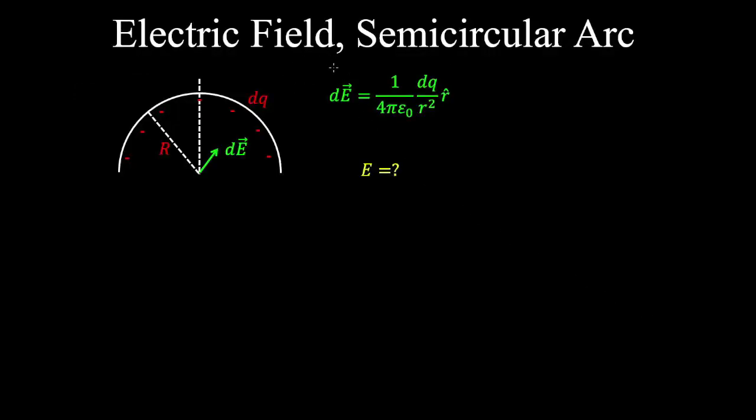We can also determine the electric field at the center of a charged semicircular arc using integration. So if we take a differential charge along the arc, at the center of the arc, the electric field vector points radially and towards a negatively charged element.